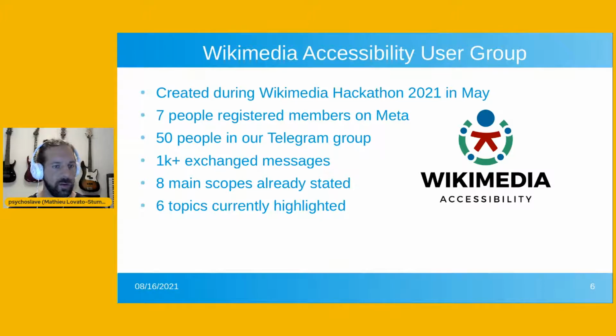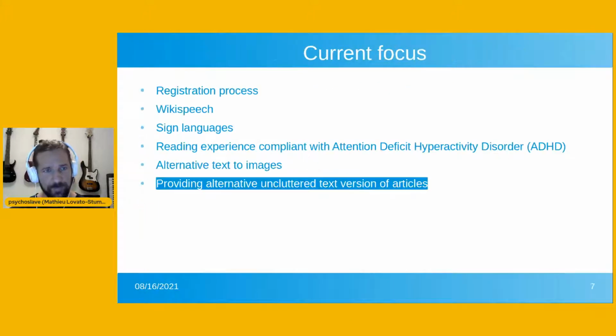We are now more than 15 people in our Telegram group. We exchanged more than 1,000 messages, and we identified 8 main scopes and 6 currently highlighted topics. You can see these topics here, and I won't go into detail on each item, but the last one that I highlighted is the theme we are currently focused on.